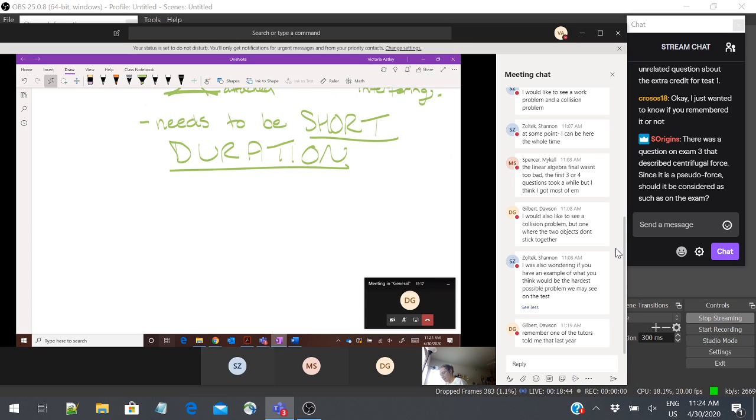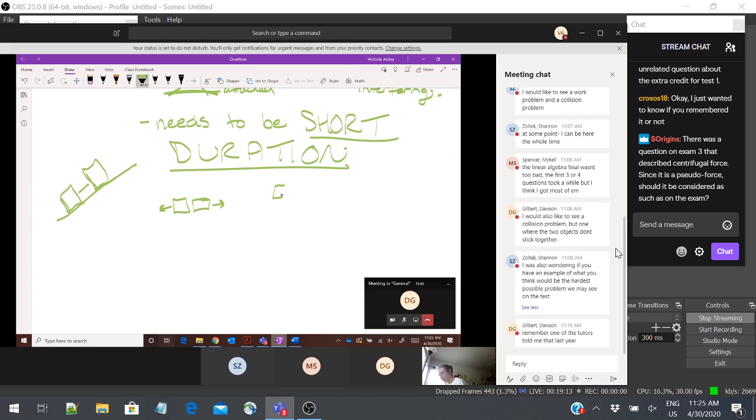So if you have two blocks that are attached with a rope and they're sliding on a ramp or something, that is not a collision, because it's a long time. They're attached the whole time. They're always interacting, as opposed to two boxes that collide and then bounce off. They're only in contact for a very short period of time.